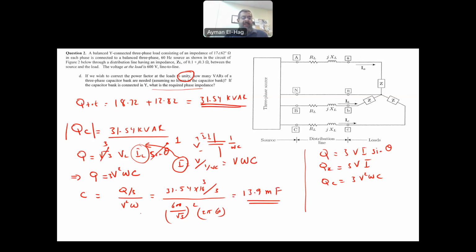This is the capacitance C. If I want to find the phase impedance, then it is 1 over omega C, which is equal to 1 over 2 pi 60 times 13.9 times 10 to the minus 3. And this will give me an impedance equal to 0.19 ohm. So that is your part D, how to find the impedance.